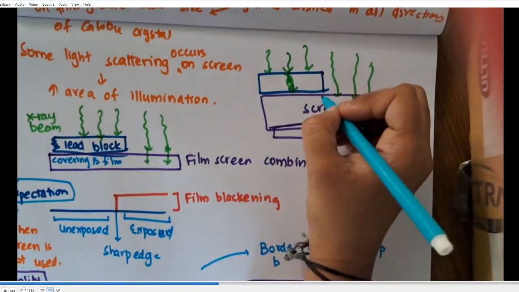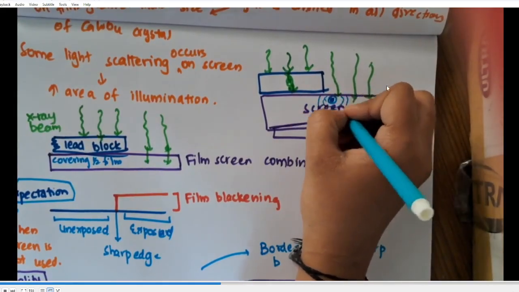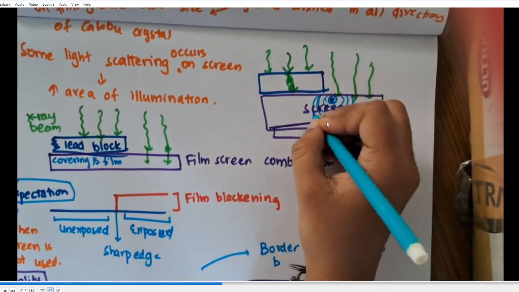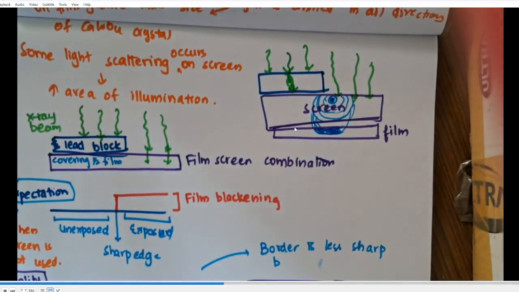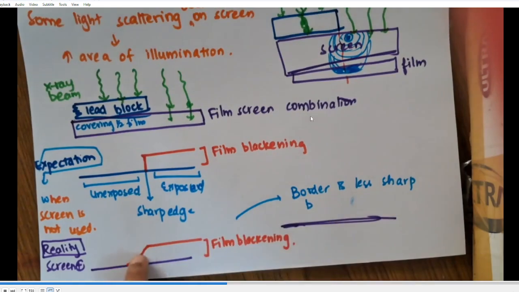So if the film is sandwiched between the intensifying screens, the border is less sharp because of the light which is diffusing into the area under the LED block, and this causes exposure of the film in an area that actually receives no light exposure.